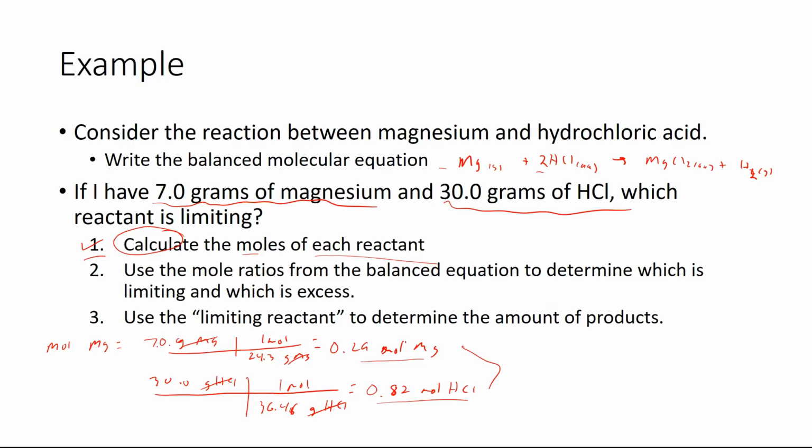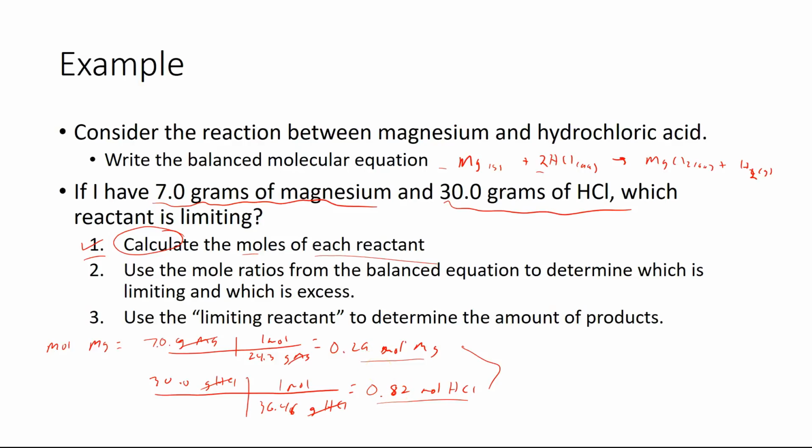Our next step then is to turn this into a whole number ratio. Now, some of you are going to be good enough at just doing math in your head that you don't necessarily need to do this step. I'm going to do it anyways just to illustrate it. So I'm going to turn my 0.29 to 0.82 into a whole number ratio.